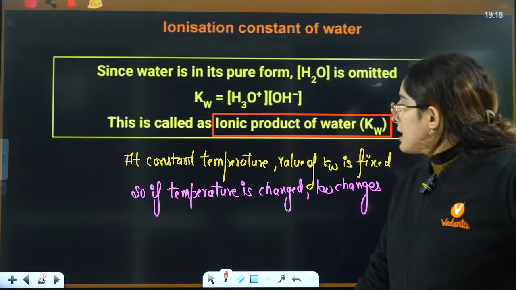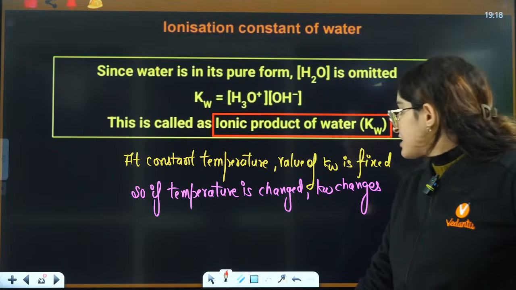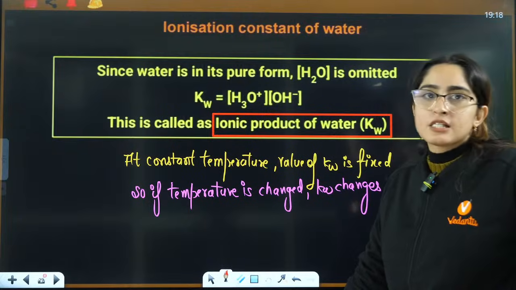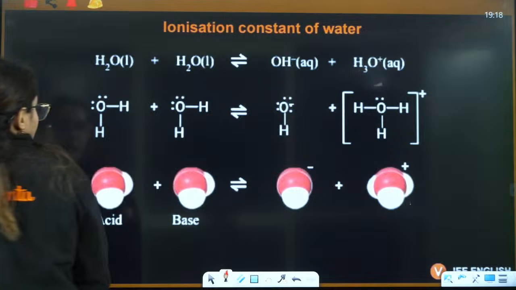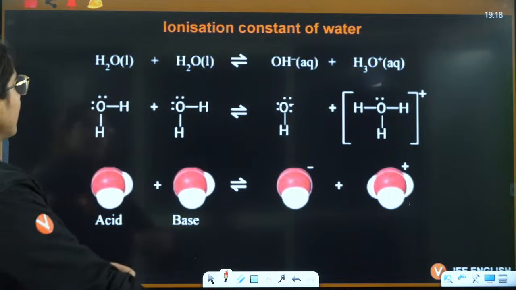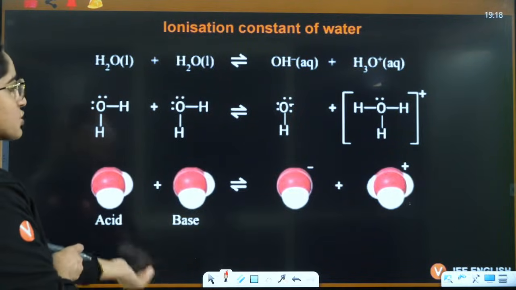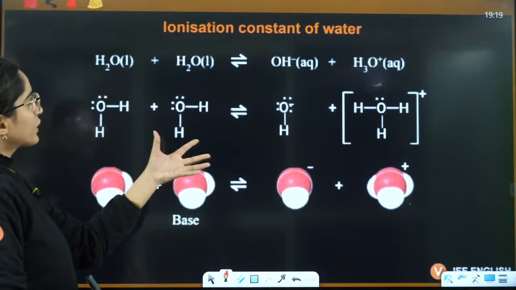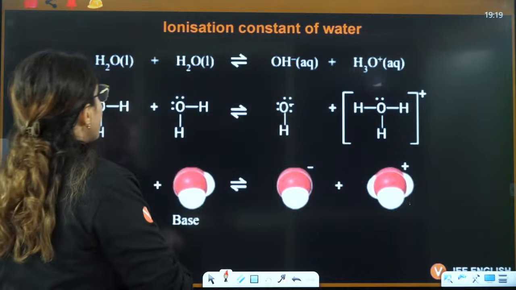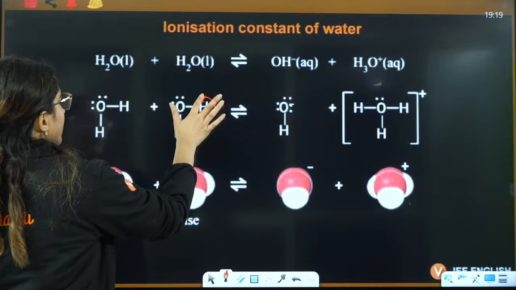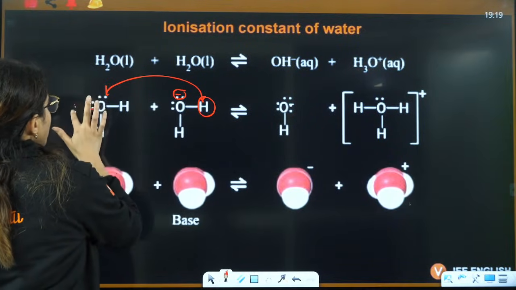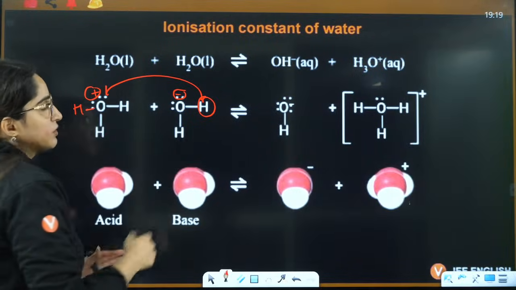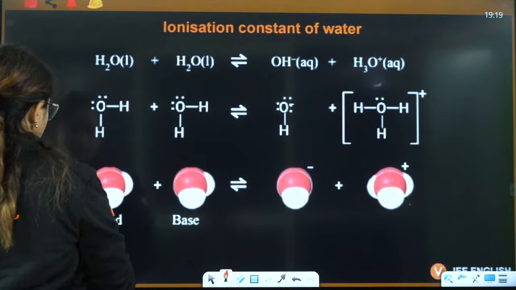Okay. Tell me. So if temperature is changed, Kw will change, right? Now see, let's talk about this. So we have seen that water molecules are there. This is OH. When this H positive will be given to this, this will become OH negative and this will become a hydronium ion. Okay, this we have already seen.